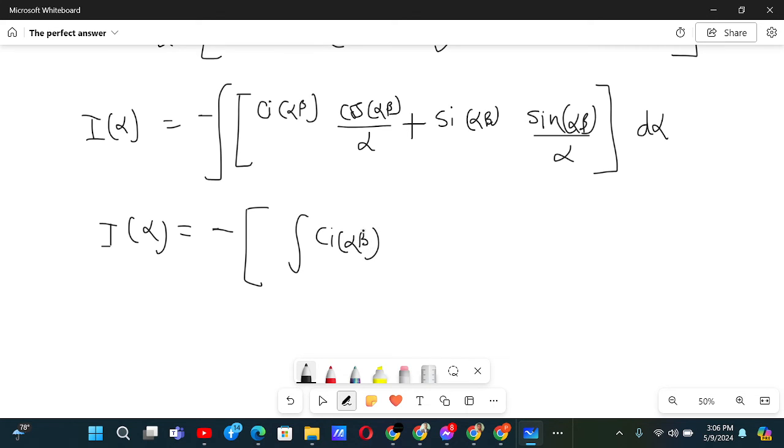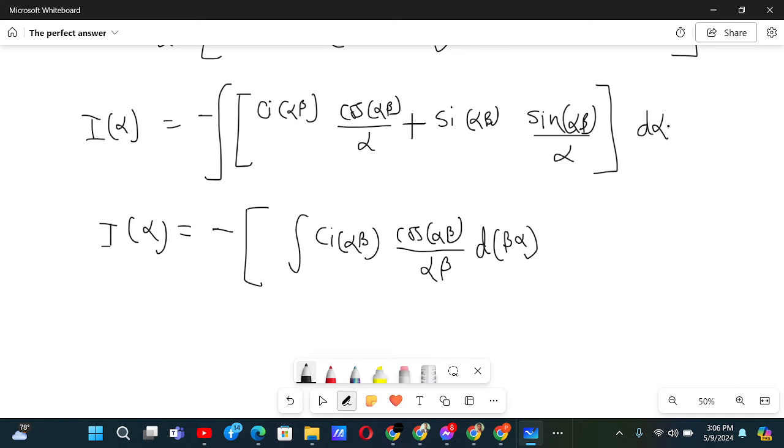Now the derivative of Ci of alpha beta with respect to alpha will be basically cos of alpha beta by alpha, and here it's alpha, isn't it? We can write this as alpha beta. Now d of beta alpha, can you do that considering beta as constant?